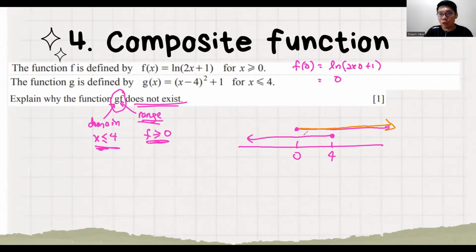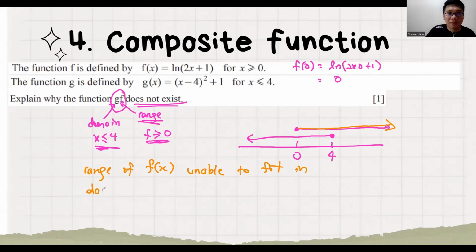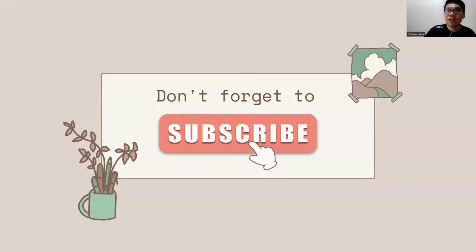Cannot. So it doesn't exist. So the explanation that you should write is: range of f(x) unable to fit in domain of g(x). Then you have successfully explained this situation. So this is the end of the chapter of function.